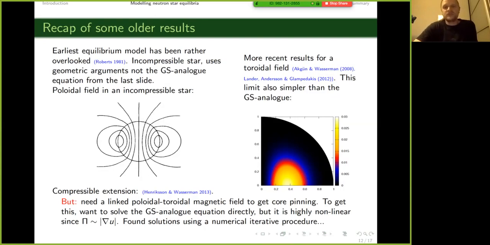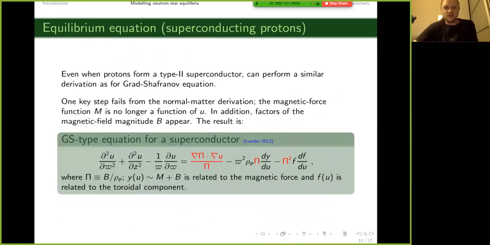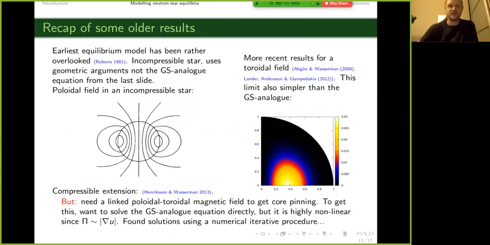You can also do results for a purely toroidal field, where you don't need this equation. This equation describes a poloidal field or a poloidal plus toroidal field. There's a separate case, a purely toroidal field, where the magnetic field magnitude just depends on the density, and the direction, as I said before, is just into and out of the board.